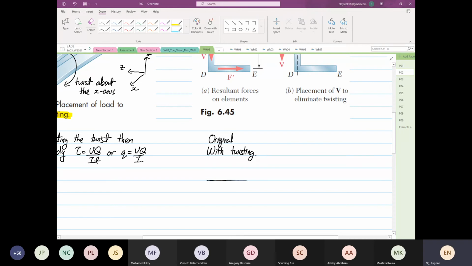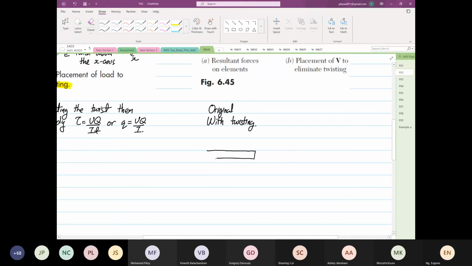What we have over here is the same structure. This is our centroid, and this is the other centroid.